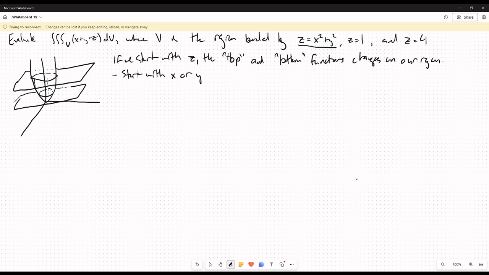It's not too bad. We'll get that x squared equals z minus y squared. Then we get that x equals plus or minus the square root of z minus y squared.